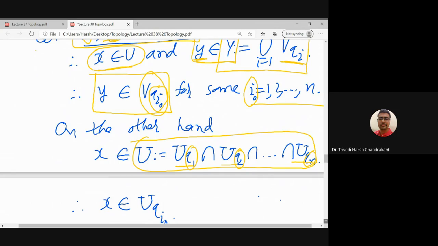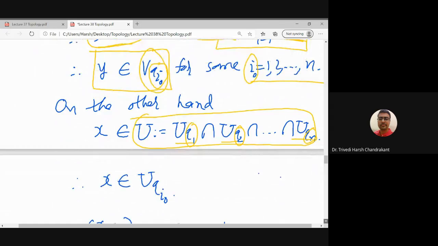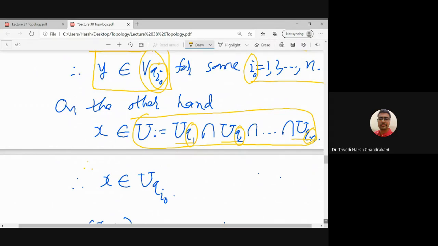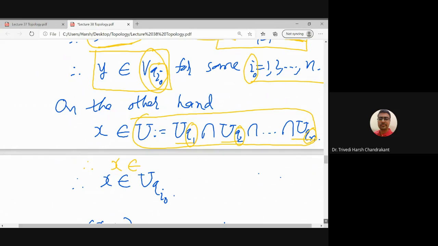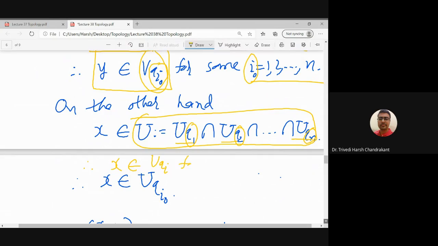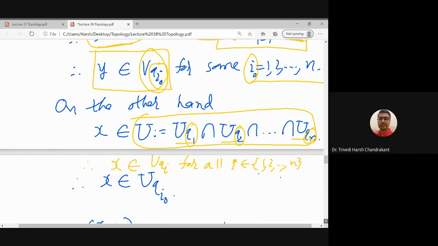So therefore x belongs to UQ_i0. In between you can write that because x is in UQi for all i belongs to 1, 2 up to n, since x belongs to each UQi, it also belongs to UQ_i0 in particular.